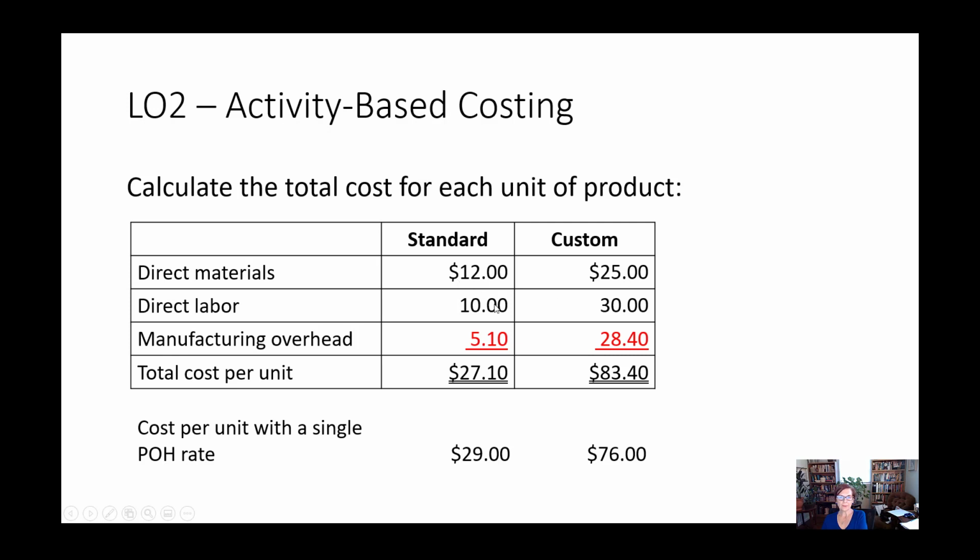So now we have our materials and labor, same as before, and we have our overhead using activity-based costing this time. So notice that our total costs per unit are a little bit different. Our standard was 29 before, and now it's only 27.10. Our custom was 76 before, and now it's 83.40.